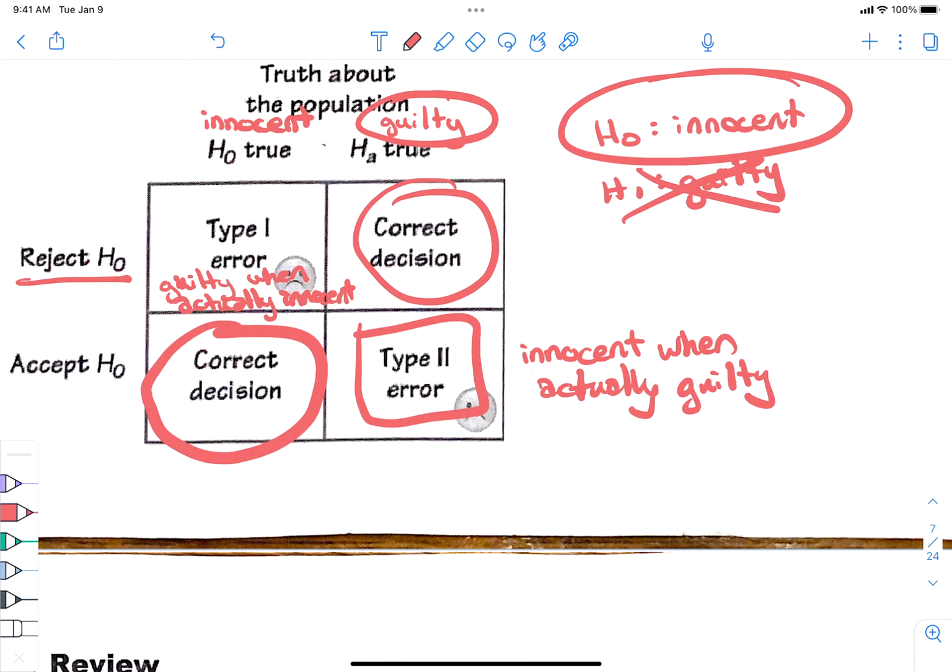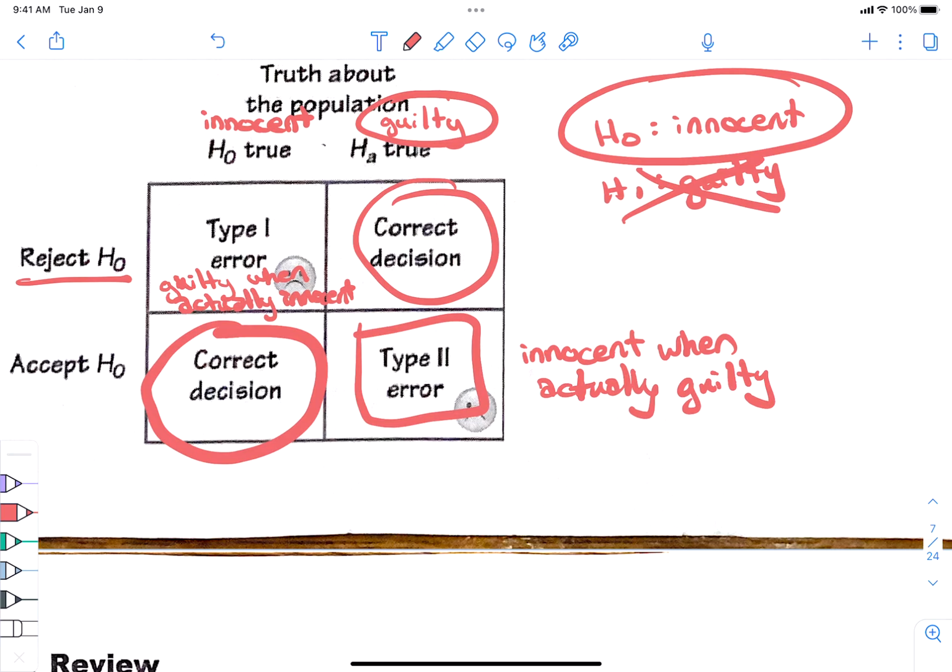There are people out on the streets right now who committed murder and somehow got off. It doesn't happen very often. Most of the time we get the right people. But sometimes we'll have one leak through, that we wrongly convict.